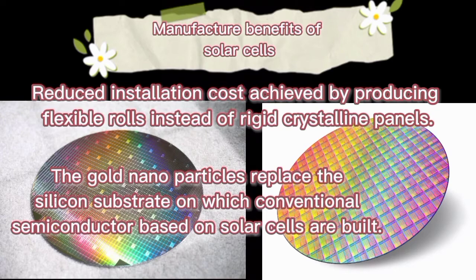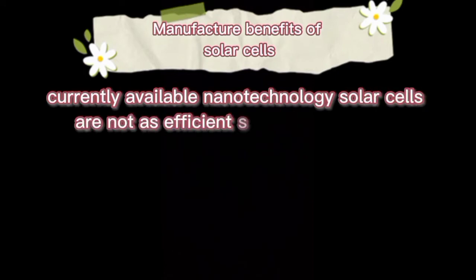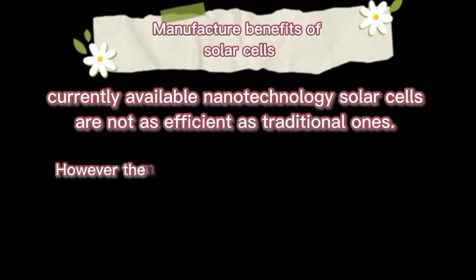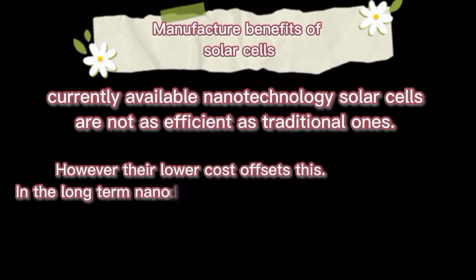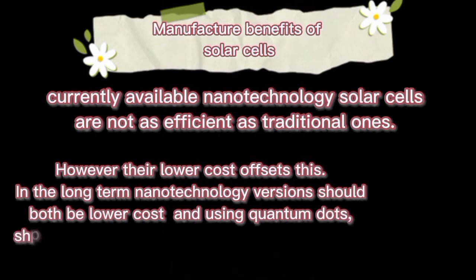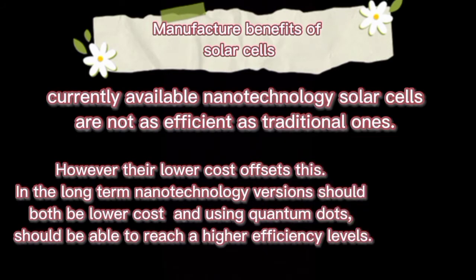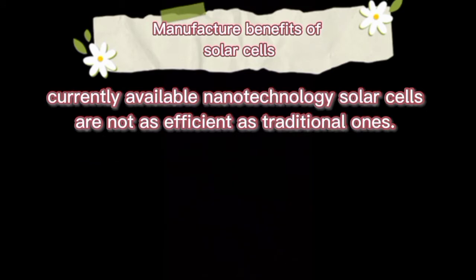The last benefit is that currently available nanotechnology solar cells are not as efficient as traditional ones. However, their lower cost offsets this. In the long term, the nanotechnology version should be both lower cost and, using quantum dots, should be able to reach higher efficiency levels than conventional ones.